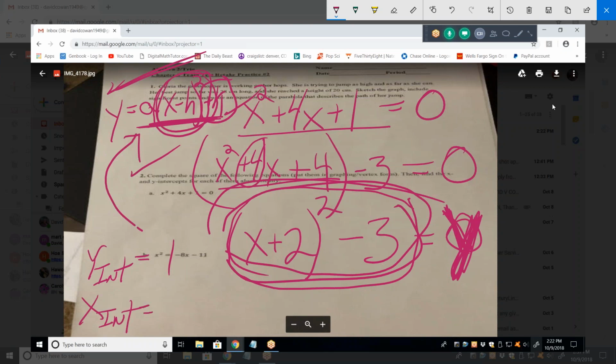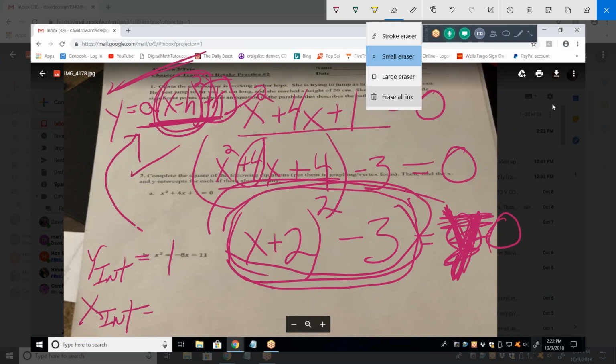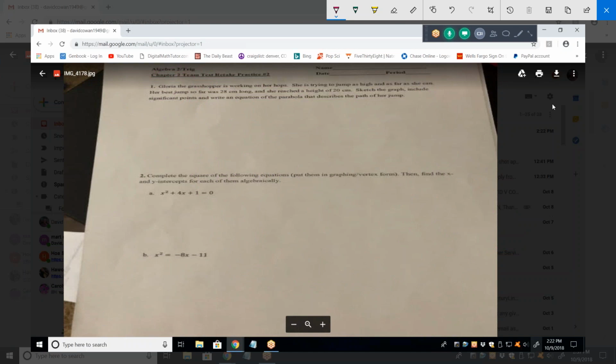So I'm going to plug in 0 for y, and then I'm going to solve that. Yeah, this is a little tricky. Let me see if I can make some room here. Trying to remember what the equation was.